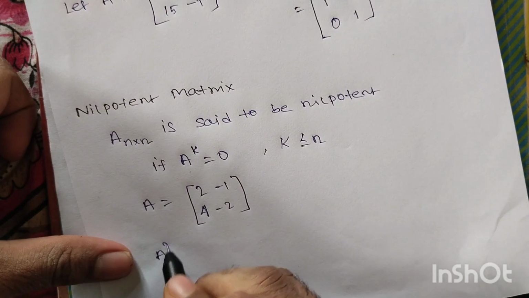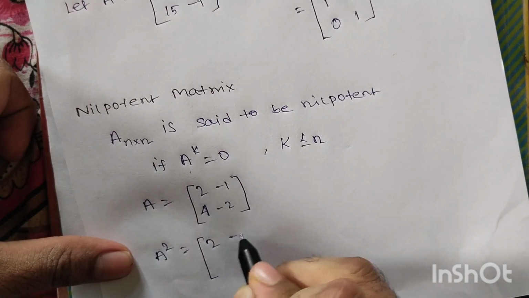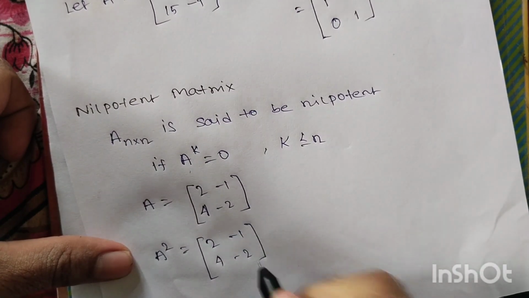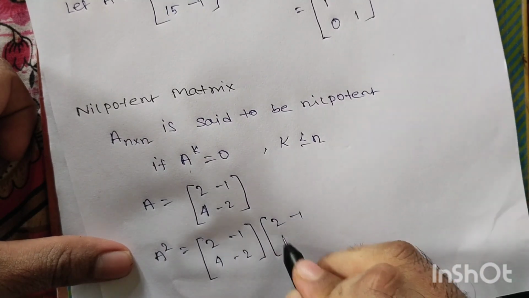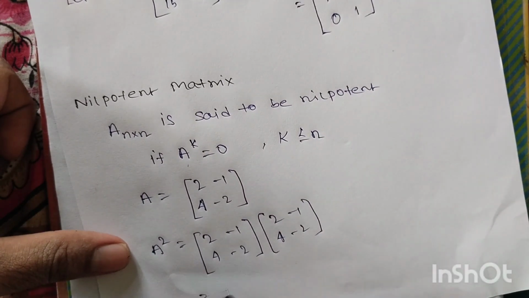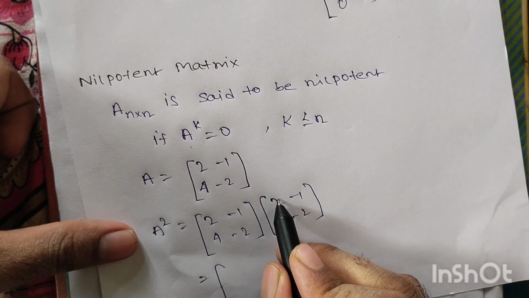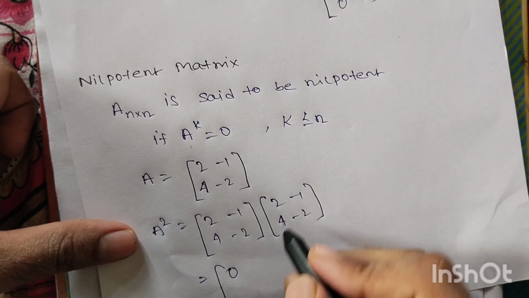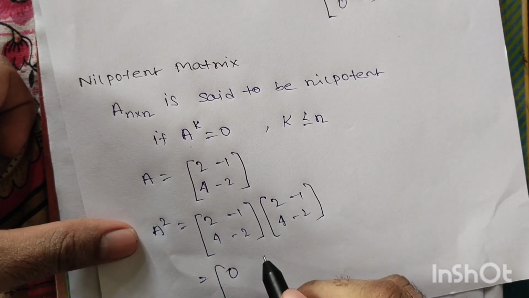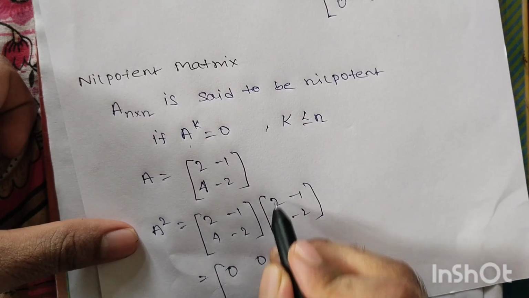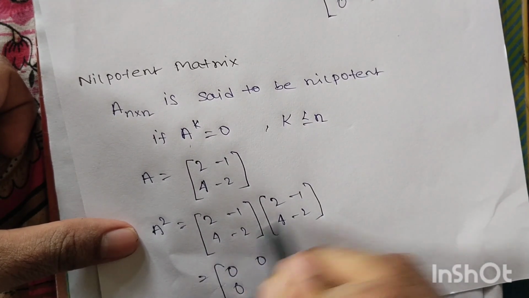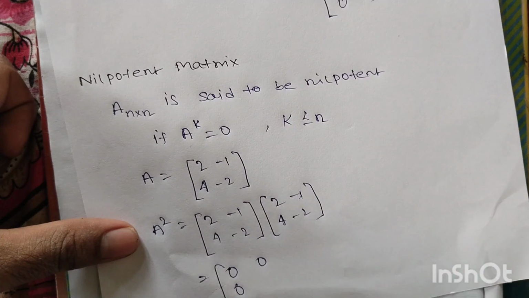Now find first A square: 2 minus 1, 4 minus 2. This 2 times 4 gives 0, minus 2 also 0. 8 minus 8 is 0, minus 4 plus 4, it should be 0.